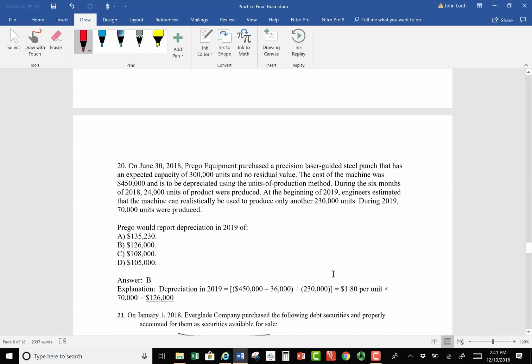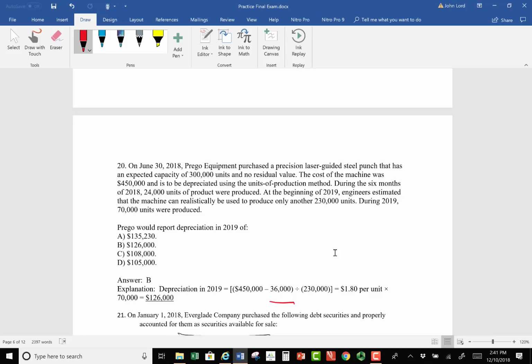So what should be the depreciation during, okay, here it is. During 2019. Now, what's this 36,000 all about? Oh, I see. Okay, yeah. The first year's depreciation is off, right? So we have a remaining depletable amount.